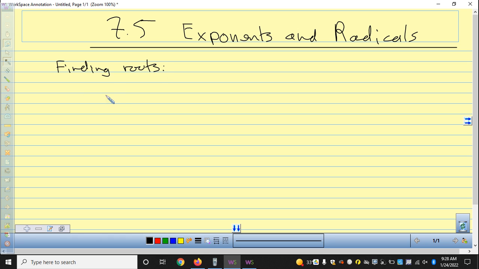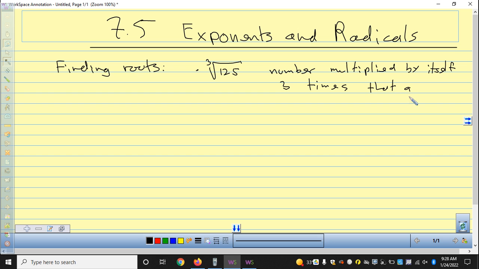So an example of a root would be something like the cube root of 125. And what this means is a number multiplied by itself 3 times that gives 125.